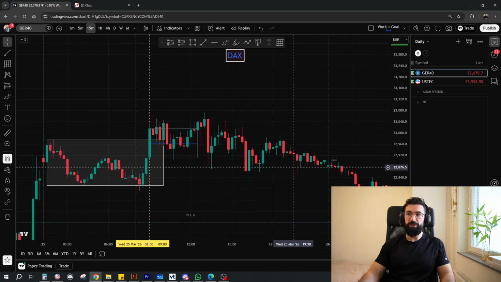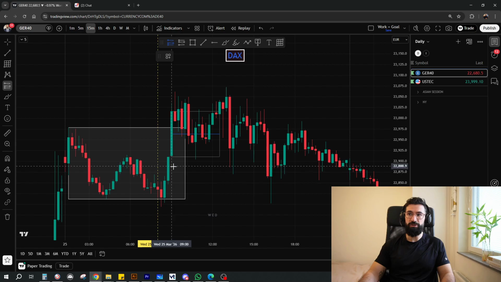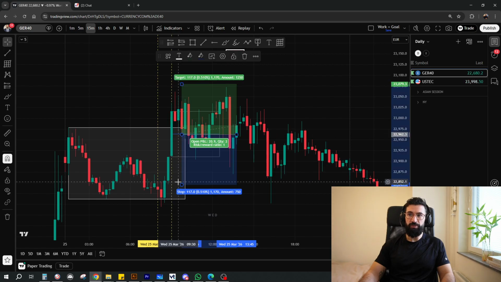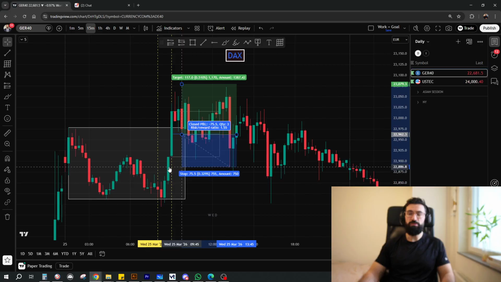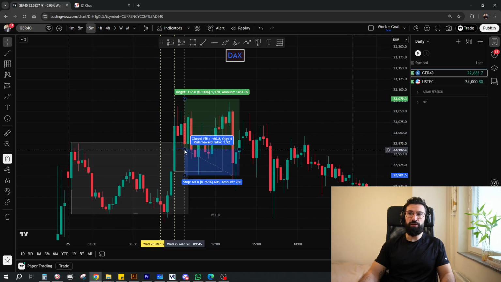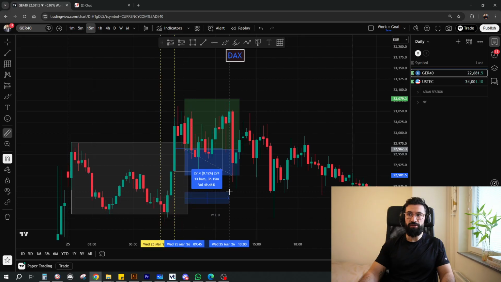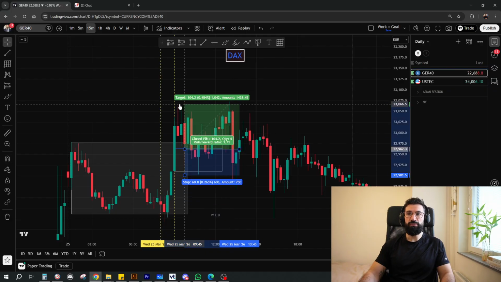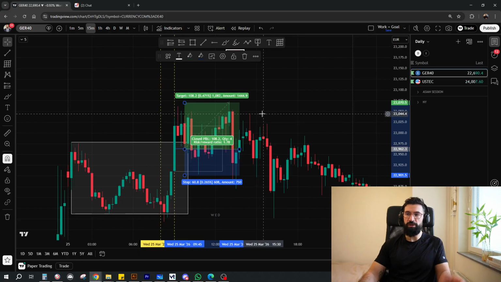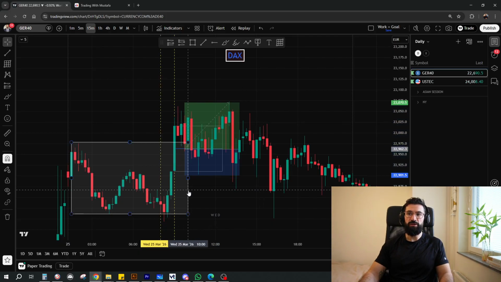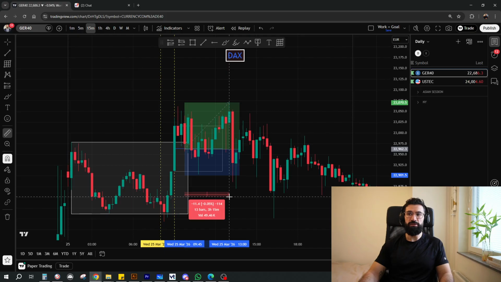So if I take my entry right here, and I'm waiting all this time from this area until it hits my take profit, that's 3 hours and 15 minutes. This is just hypothetical, just to get the sense of how it looks. This is day trading.